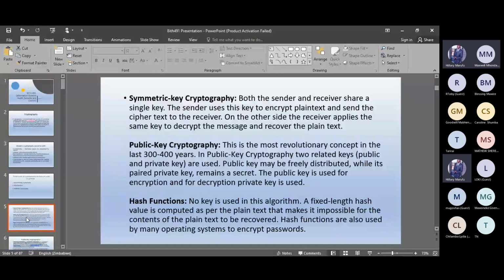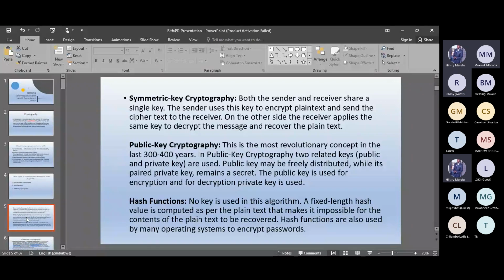Both the sender and the receiver have the same key, such that when the sender encrypts, if it's a Caesar cipher, using maybe key 4, shifting by 4, you just tell the receiver we shifted by 4. Then it's easy for us to revert back to the plaintext.